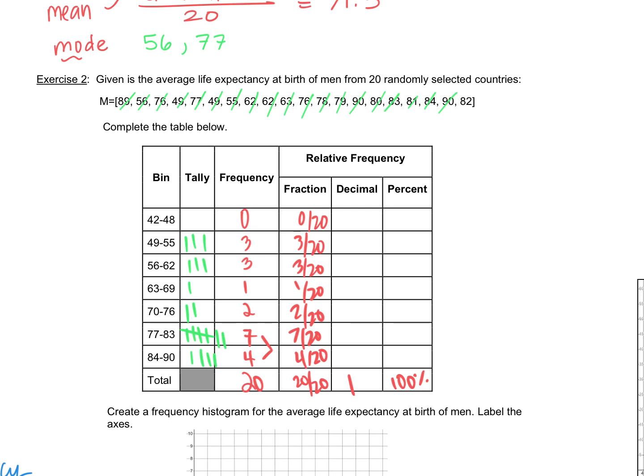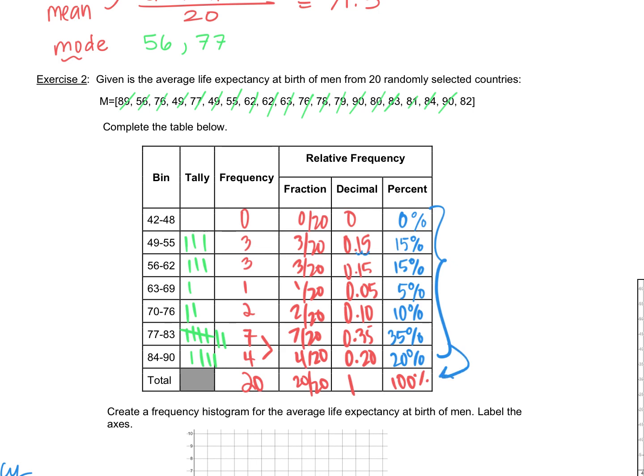Then to convert to decimals, you just divide all of those. You should match up with those, and again, if you add those up, it should equal 1. And then as percents, we're converting all those decimals to percents, scooting over twice, so we get the following percents, which if you add all of them, will equal 100%.